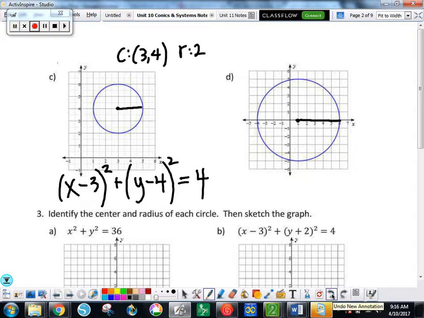Okay, so the center on this one, try it on your own, is 1, 0. The radius is 5.